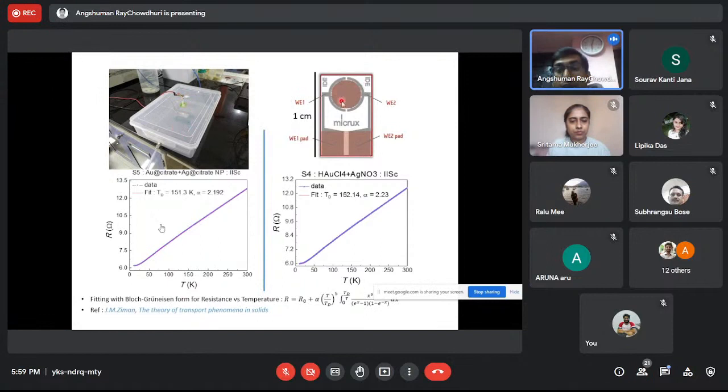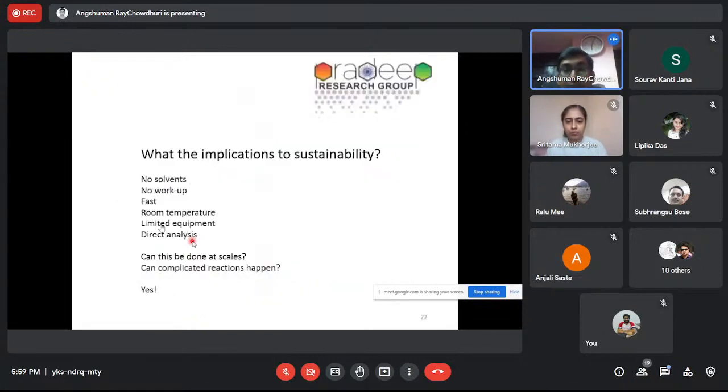After that, in this region we are spraying, and there are two pads, from there we are connecting our two probes, and we are measuring the resistance versus temperature and plotting it. And we are expecting, if it is possible, to get high conductivity, maybe high temperature superconductivity. We are checking in different materials.